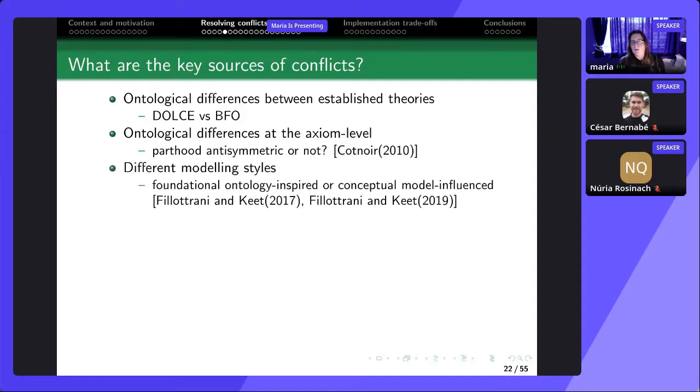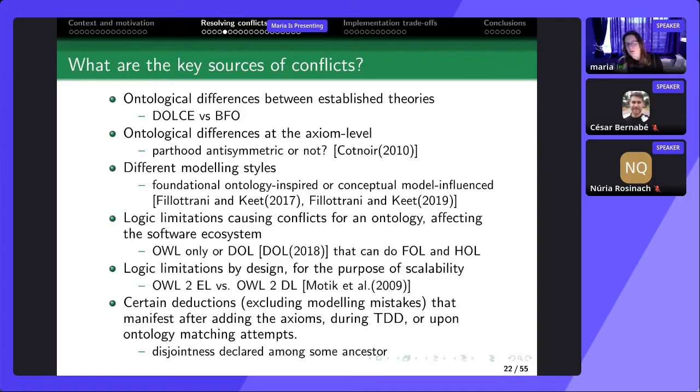There are also different modeling styles, or differences in encoding. We'll see an example of that later. Different approaches, basically. And then there are several issues caused by various logic limitations, and they may cause conflicts that in the end affect the whole software ecosystem.